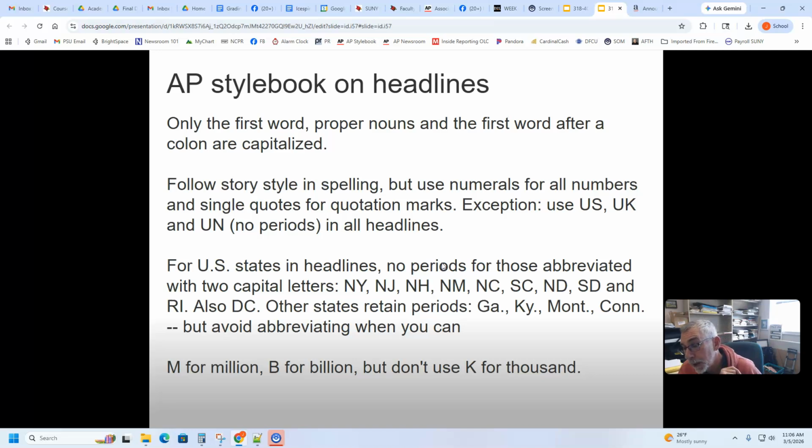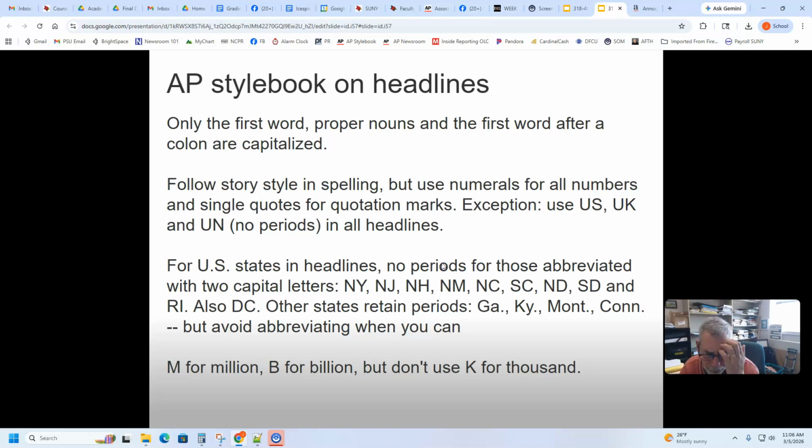Use single quotes instead of double quotes for any quotations. This is not an exception to those rules, but it's an exception to some other AP style rules, like the abbreviations US, UK, and UN get no periods. And in fact, state abbreviations that are two-letter abbreviations like NY, which in stories we don't use, if you use that in a headline, you don't use periods either.